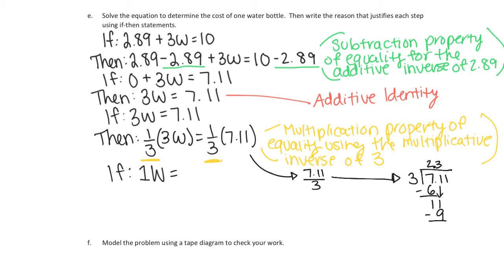Minus 2. Then bring down my next one, and now I have 21, and 3 goes into 21 7 times. So now I know if 1W equals 2.37, then we use the multiplicative identity of W equals 2.37.